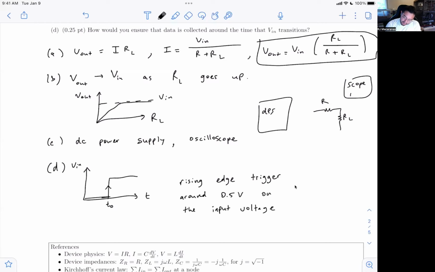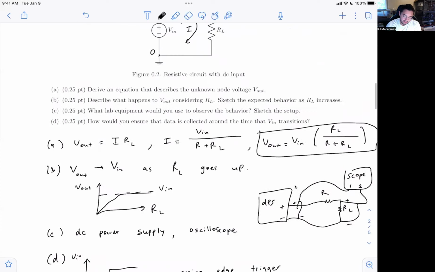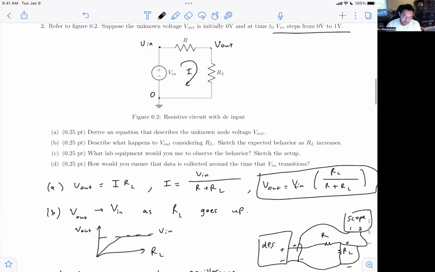And on one of the channels, we're going to look at the input voltage. And on the other channel, we're going to look at this output voltage. And that should be good for this second question on version 1.